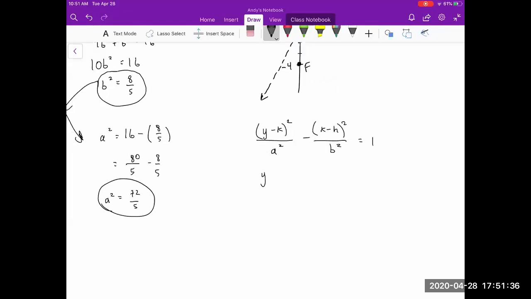And we know what k and h are. k and h are each 0 because the center is (0, 0). So in total, we get y squared over a squared, which is 72 over 5, minus x squared over b squared, which is 8 over 5, equals 1.